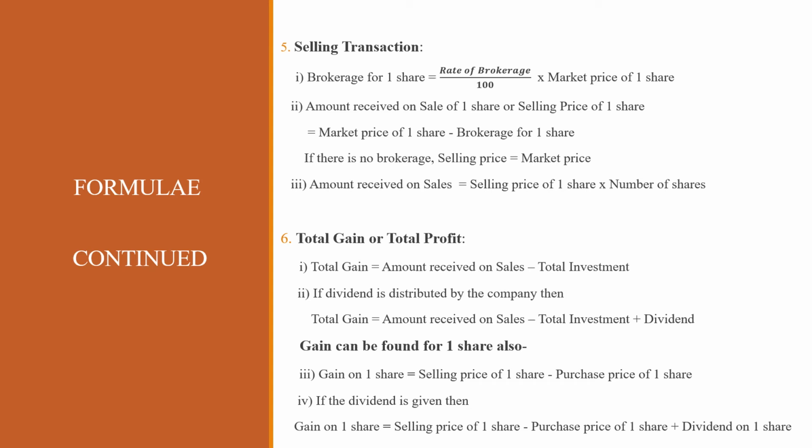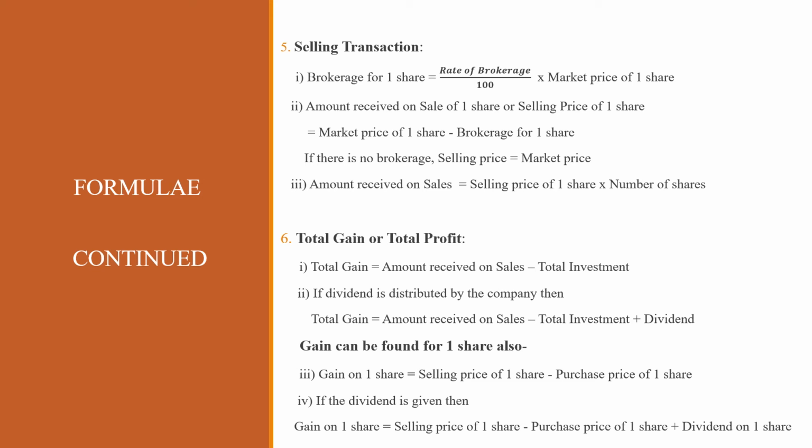Once brokerage is calculated, then the amount that will be received on the sale of one share, or which we can also refer to as the selling price of one share, is equal to the market price of one share minus brokerage for one share. Please note that if there is no brokerage, selling price is exactly same as the market price. Once this is done, the amount received on sales is equal to selling price of one share multiplied by number of shares.